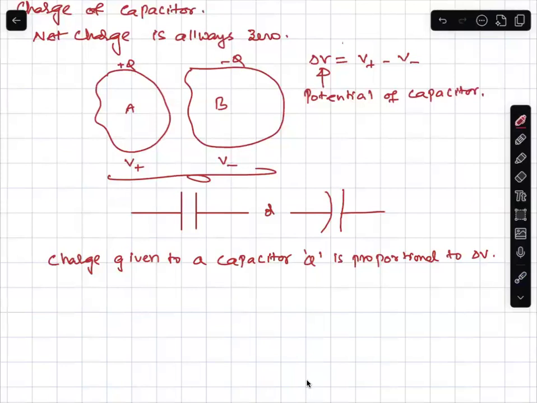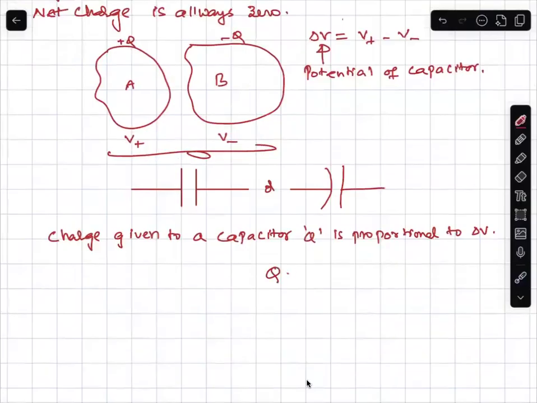So therefore, the proportionality constant is represented by a term called C. And this C is called the capacitance of the arrangement. Remember, don't get confused. I am using a new word called capacitance. Capacitor is an arrangement. Capacitance is the measurement.